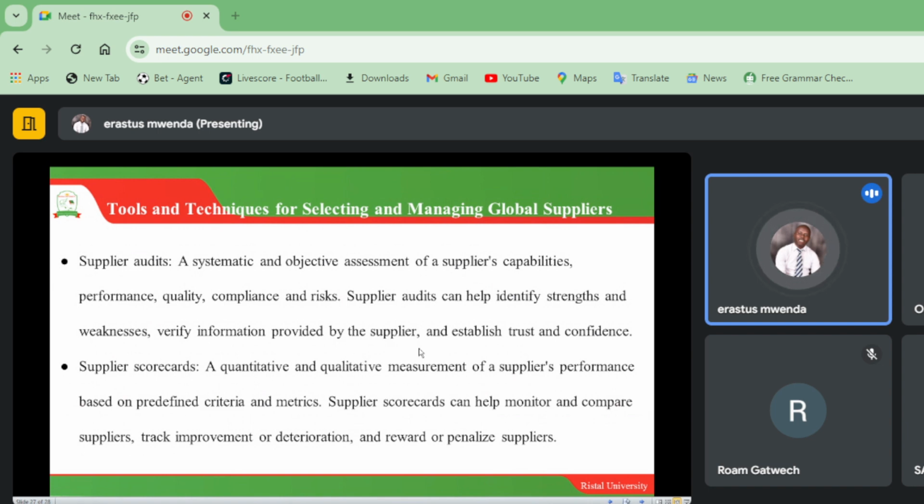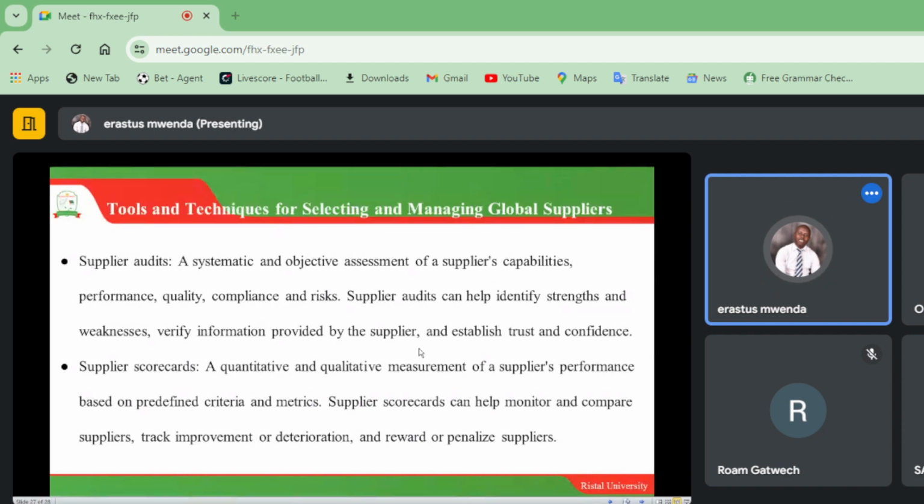Auditing is all about a systematic evaluation of the supplier's capabilities and performance. Probably you could have friends that have already been in this practice that can guide you to make the right decision. So supplier audits, very, very important. The other one is supplier scorecards. So we have ratings that are done for suppliers.